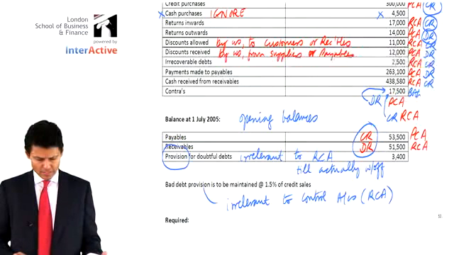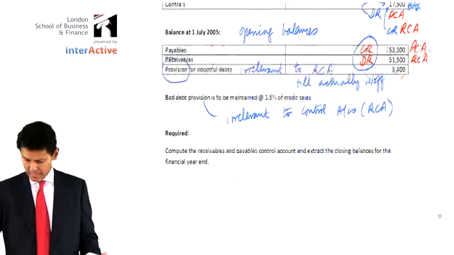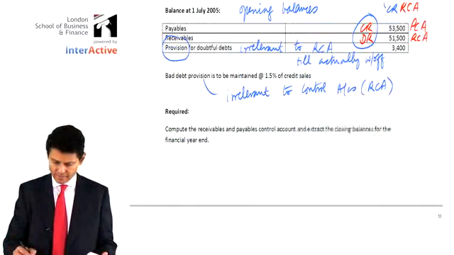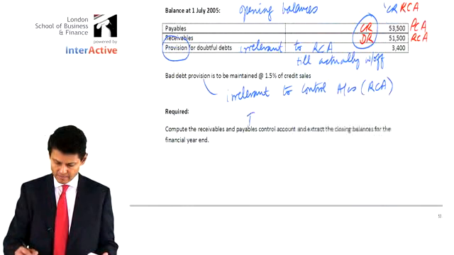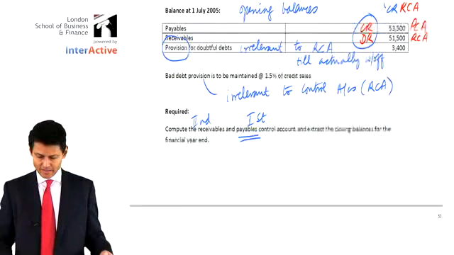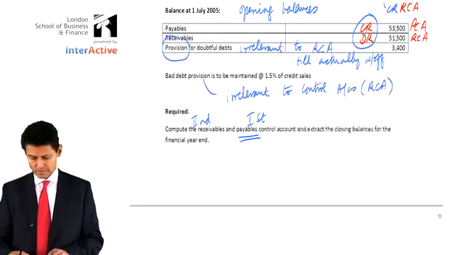You're then asked to do the receivables and payables control accounts. Since we've just been talking about payables, I'm going to do this first, and then I shall do this second. So let's make a start in our own class notes on how we do something like this.